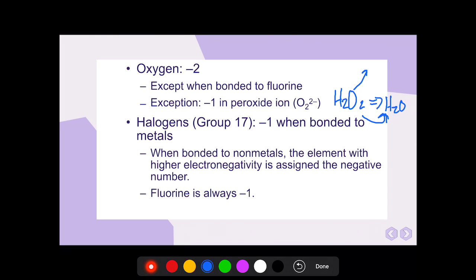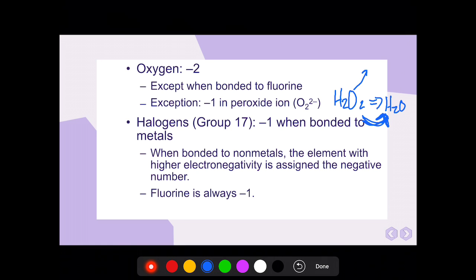So you could buy hydrogen peroxide from the drugstore and it could end up being just water. Usually that doesn't happen because of the bottle, but it can. In case you're wondering, that's why rubbing alcohol has a clear bottle, because it doesn't react with the light, but hydrogen peroxide will. Kind of interesting. All right, the next rule you've got to remember are the halogens.